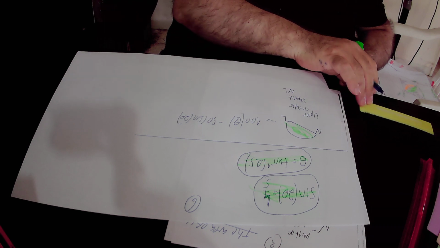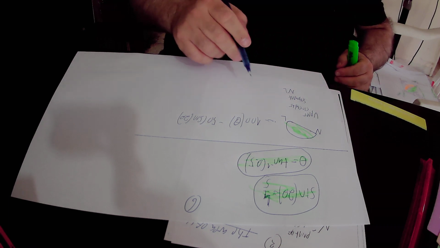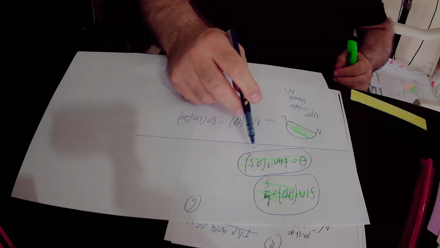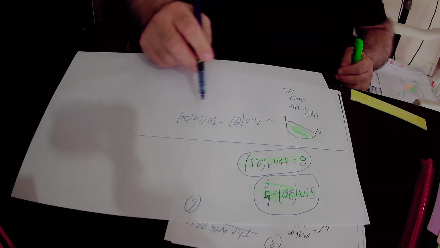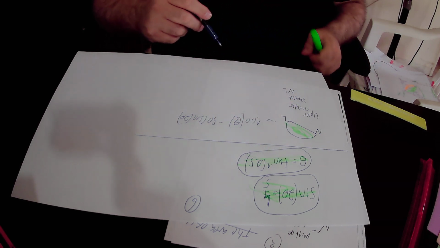Now we substitute theta by tangent minus 1 of 0.5, and we substitute sine 2 theta by 4/5.